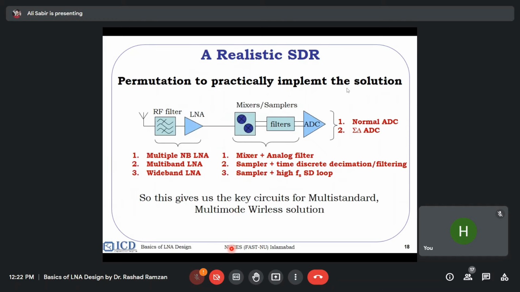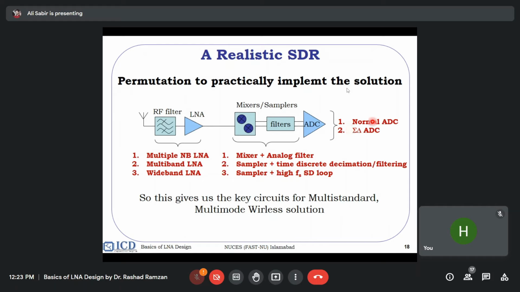So this is a realistic SDR where we have RF filters, we have an LNA to amplify the weak signal, and then some kind of frequency translation. After this frequency translation, the sampling frequency of the A to D converter will be smaller and our power consumption will be lower.